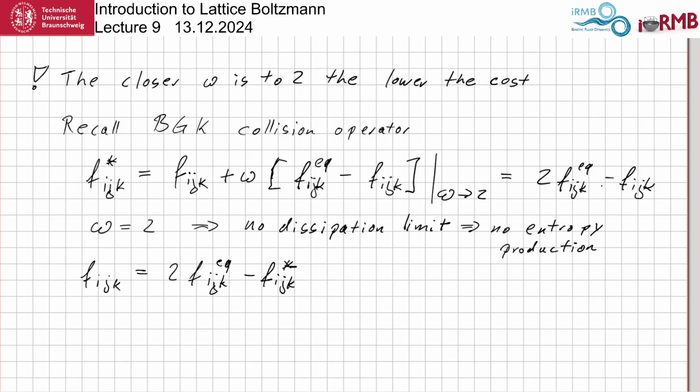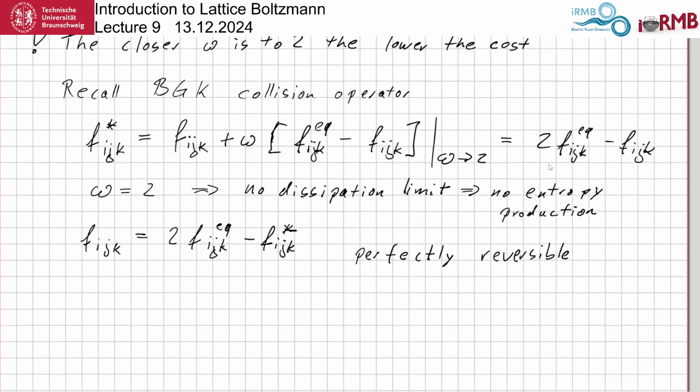So you can compute the pre-collision from the post-collision, and it's the same equation. You can just turn it around. Yeah, time is running the opposite direction, nothing happens. So this is perfectly reversible. I mean, you can try out how long this will run.